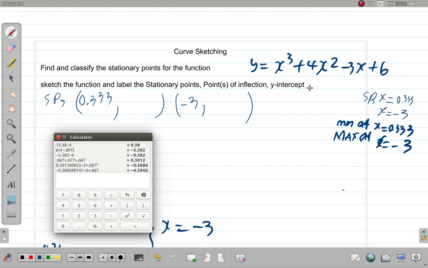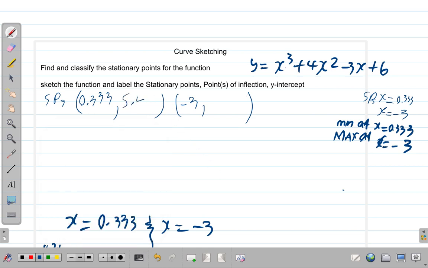We want to find out where on the y-axis it is. 0.333 cubed plus 4 times 0.333 squared, minus 3 times 0.333, plus 6 equals 5.48. Alright. So we have an idea where exactly one of them is.